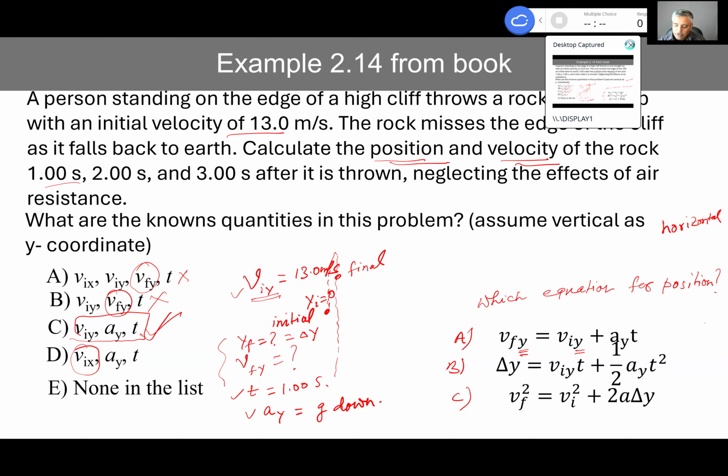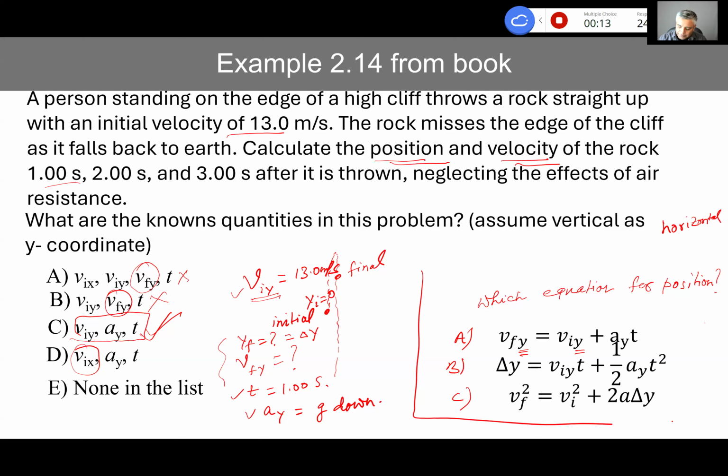So I'm opening the poll and you have 30 seconds. Five more seconds. 5, 4, 3, 2, 1, and it stops.